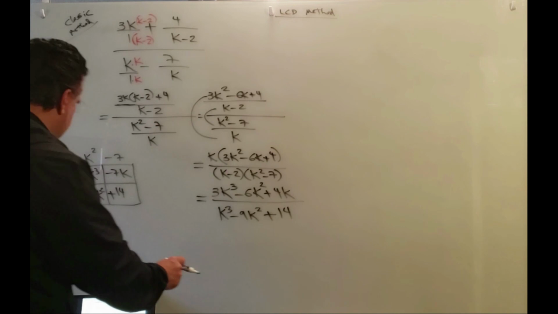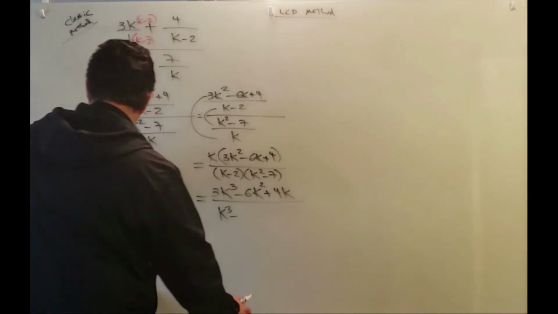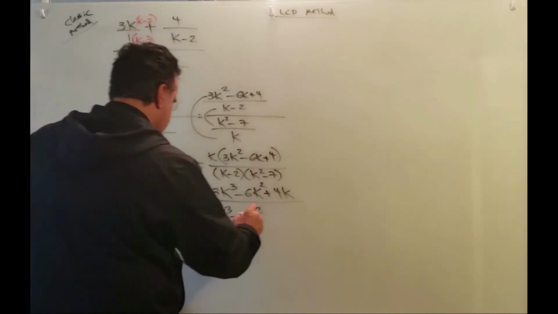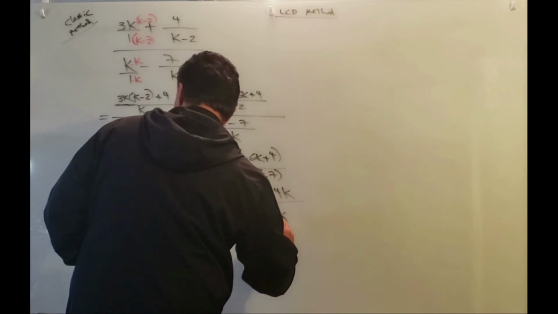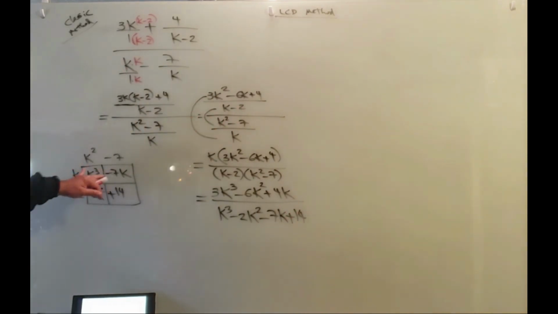I'm sorry. I did it, didn't I? I combined those. k cubed minus 2k squared minus 7k plus 14. Remember, there are no like terms, so I did a quick incorrect combination there, as you notice.